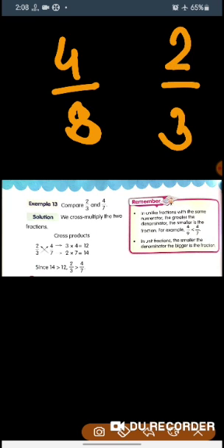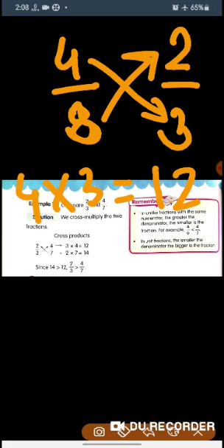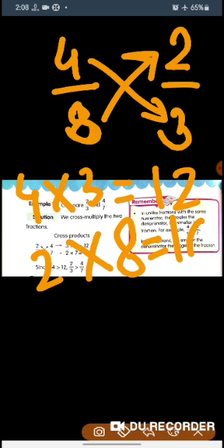Next, let's see an example. Let's see our own example, like 4 by 8, and 2 by 3. Let's multiply them. 4 into 3 is equal to 12, and 2 into 8 is equal to 16.